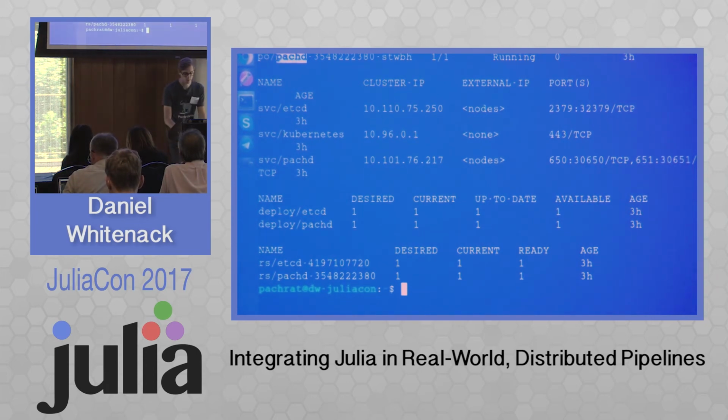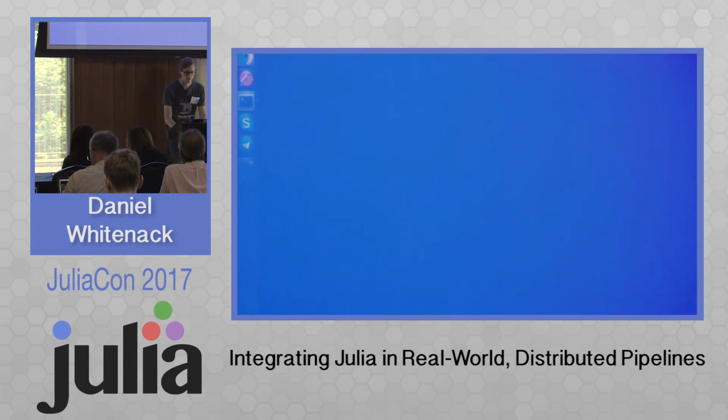You can confirm that Pachyderm is running by using our command line tool, which mimics the same form, pachctl. There are multiple ways you can interact with Pachyderm. There's not a Julia package yet, hint, hint, contributors. But there is a Python client, and there's a UI that provides some visibility.